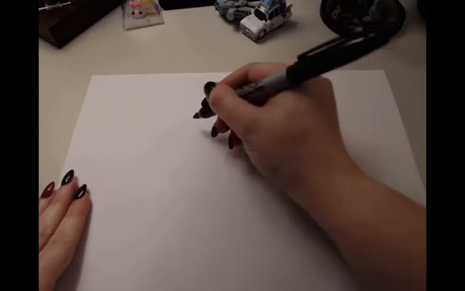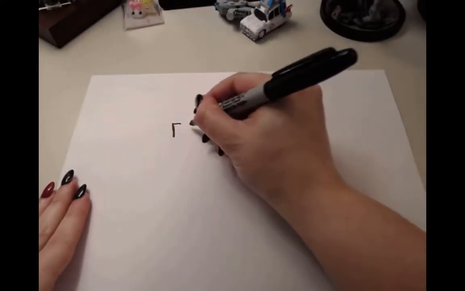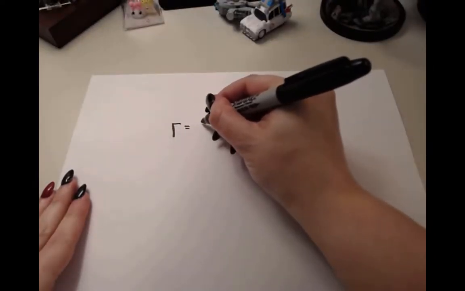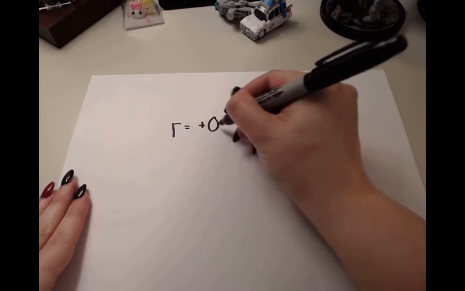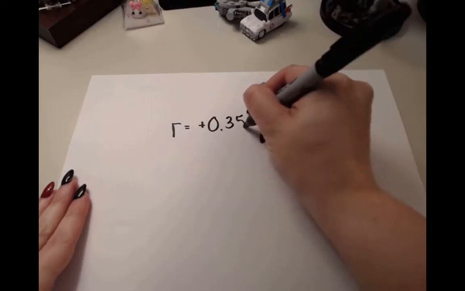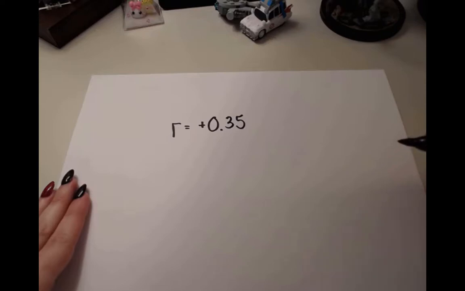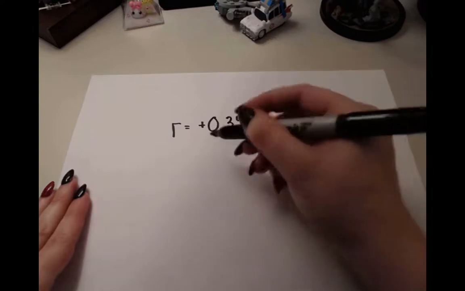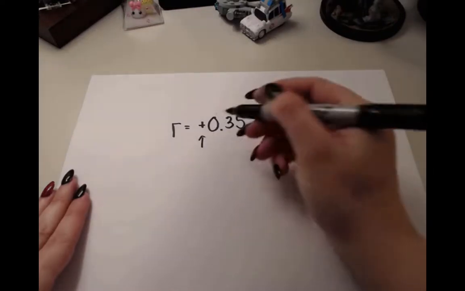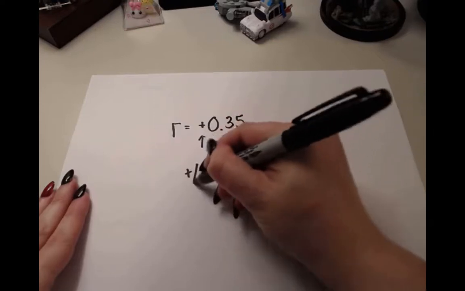So when I'm given a correlation, let's say that 2 variables are related at positive 0.35. That one line tells me a lot of things. First of all, we have the sign. And the sign is either positive or negative.